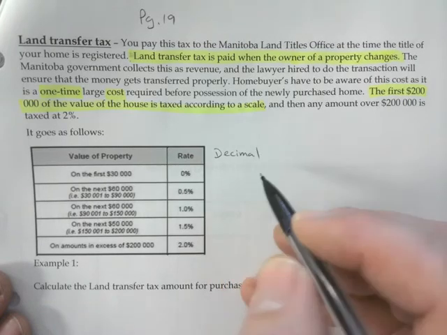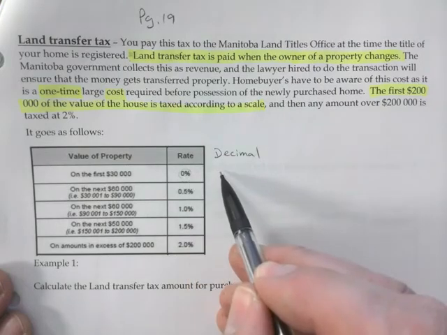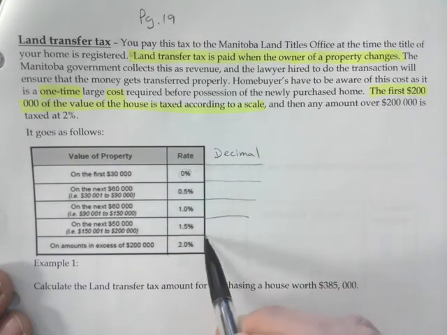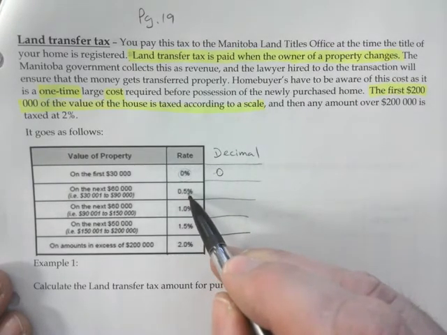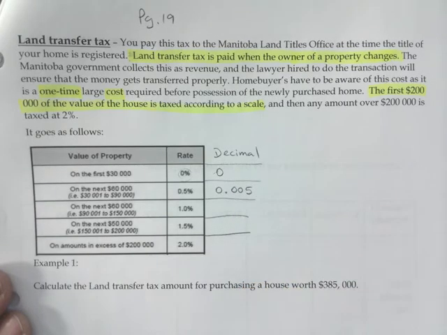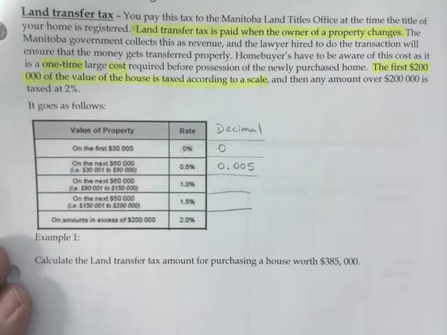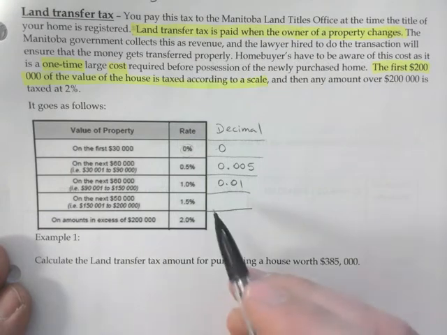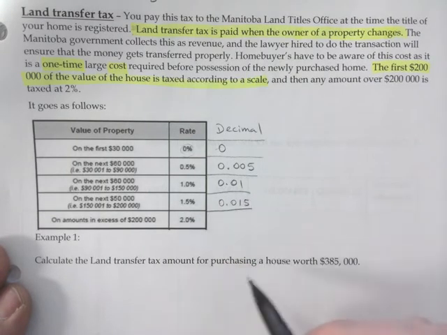Let me write down the decimal of each portion here. I'm extending this table, okay? 0% is, of course, 0. 0.5%, if you divide that by 100, it's 0.005. 1% is 0.01, write this down. 1.5% is 0.015.